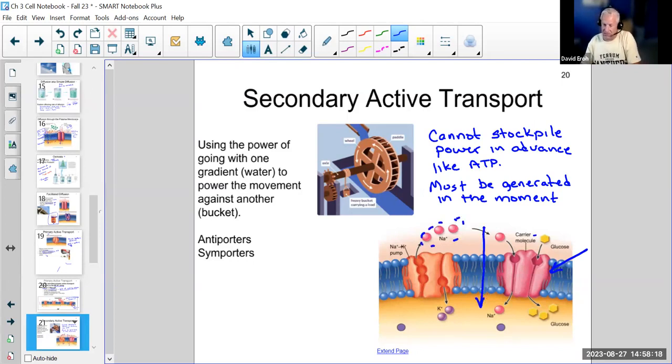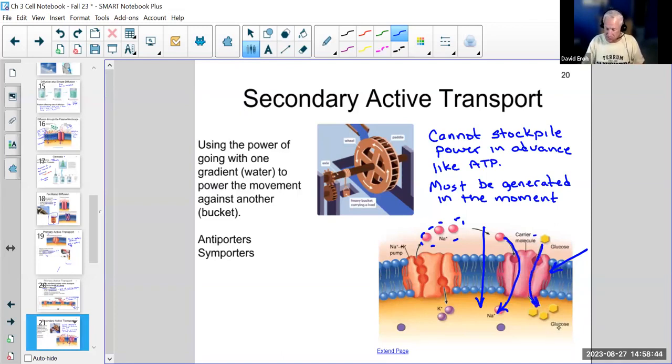It can't come in through the membrane, but it can come in through this special little pump. As it flows in, it's the same idea as water flowing through the water wheel. The sodium flowing in generates energy that is enough to pump the glucose in.